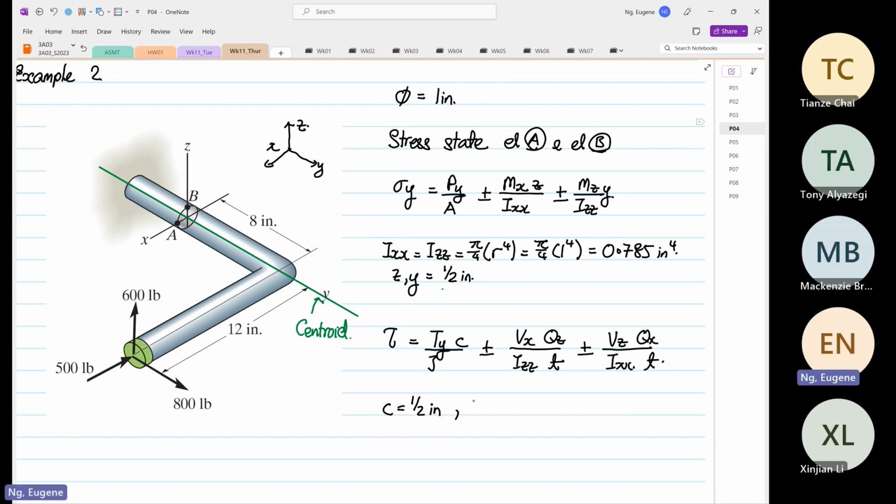And we know that J is equal to twice the polar moment of area, which is twice the second moment of area. So this is 2 multiplied by 0.785.